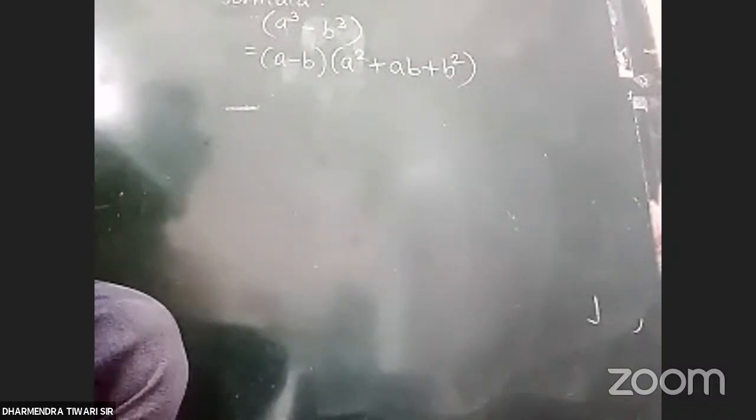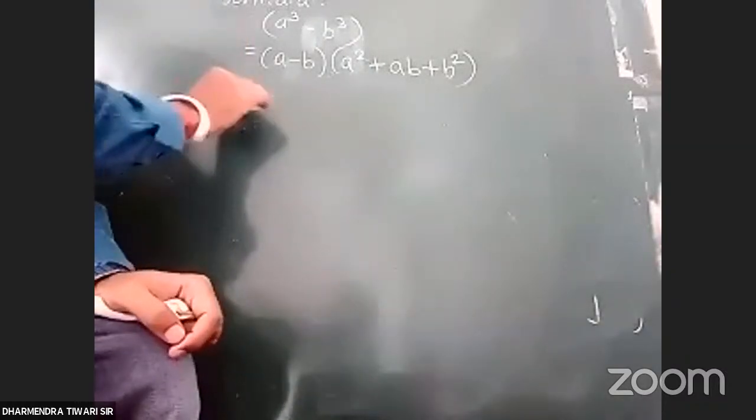The a cube minus b cube formula is (a minus b)(a square plus ab plus b square). So this is the formula.